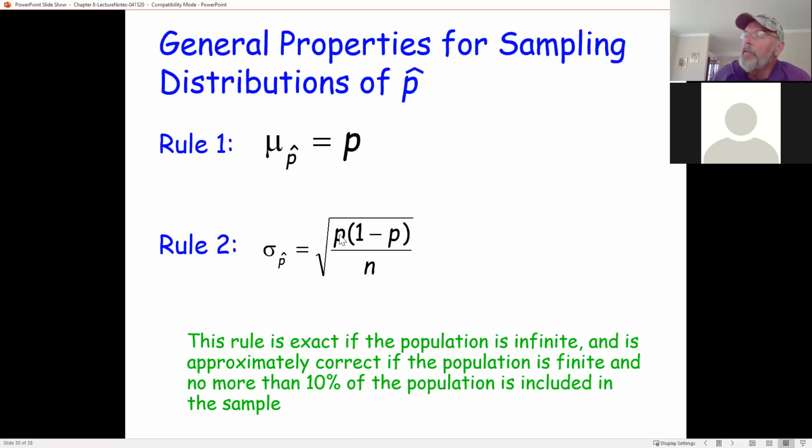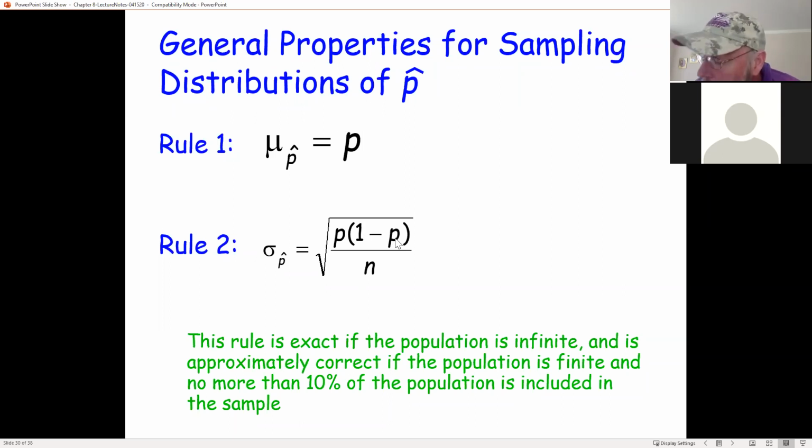So if P is a proportion of 0.7, what would be 1 minus P? 0.3.